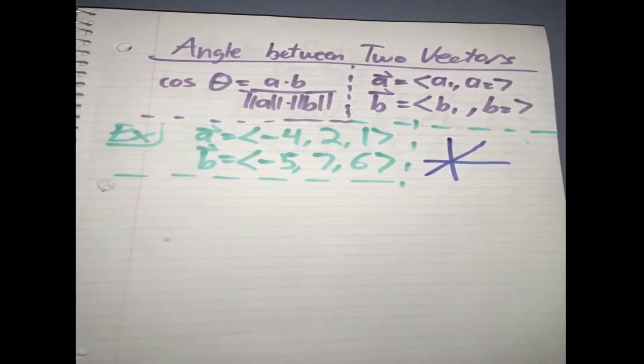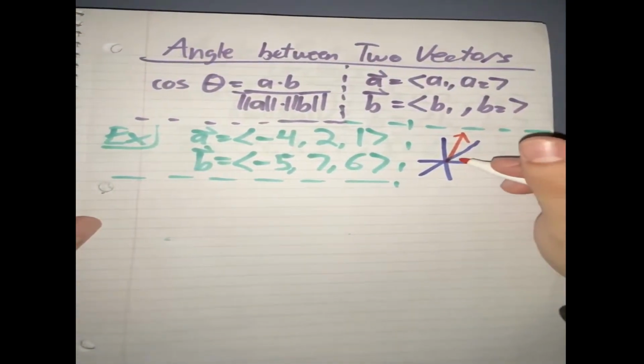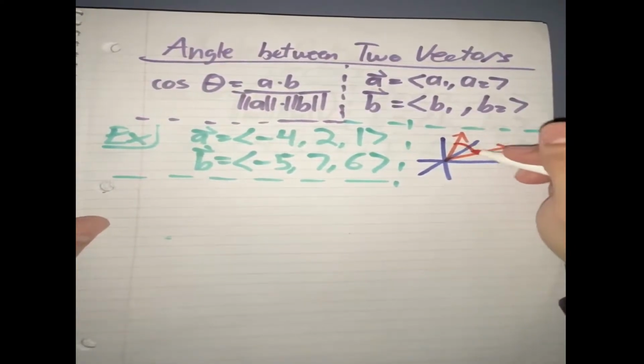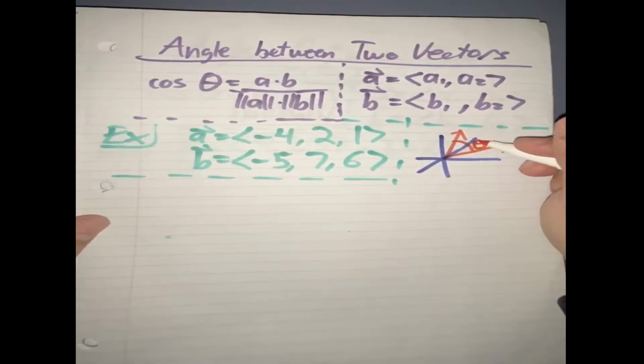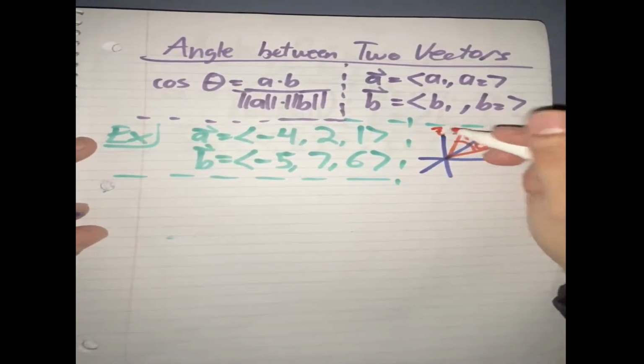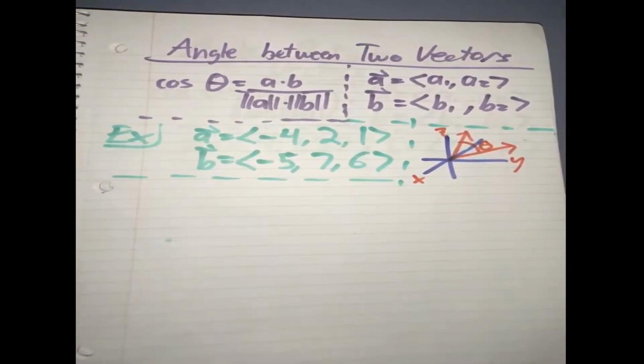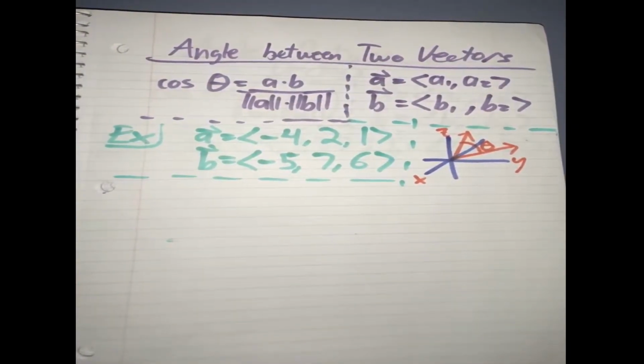We have a vector going this way, a vector going this way, and this theta is the angle between them. This is a three-dimensional graph, so z, y, x. That's what your vectors look like.